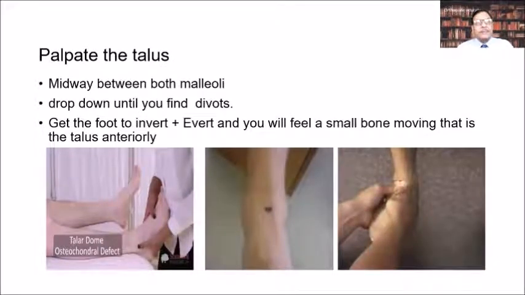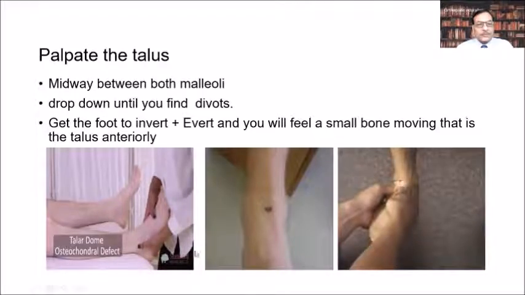Talus is midway between both malleoli. We start from one malleolus, usually from the lateral side, the lateral malleolus, follow the joint line, and then you will find a divot. This divot is nothing but the talus. And at that time, you can evert and invert the foot to feel it more clearly.